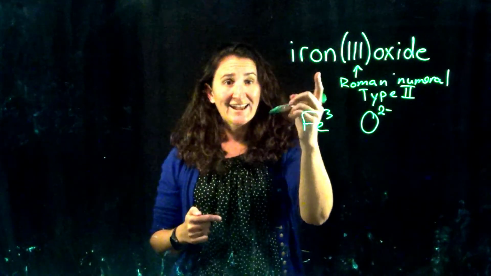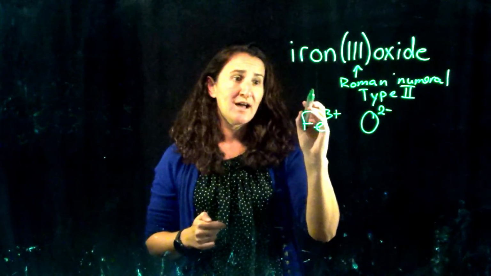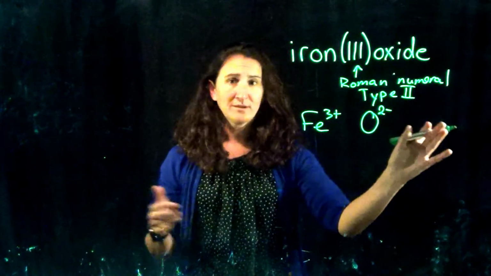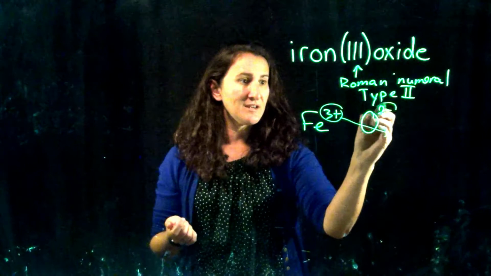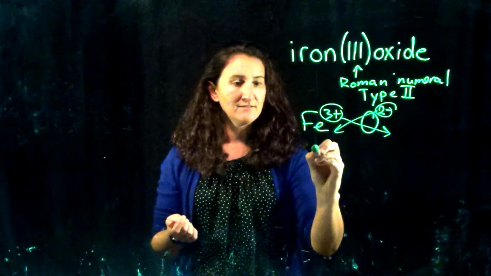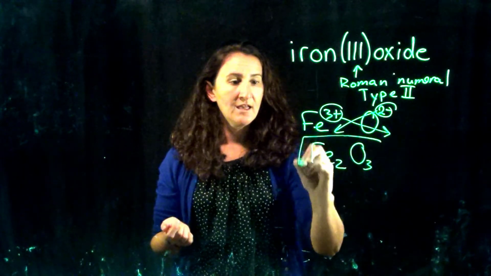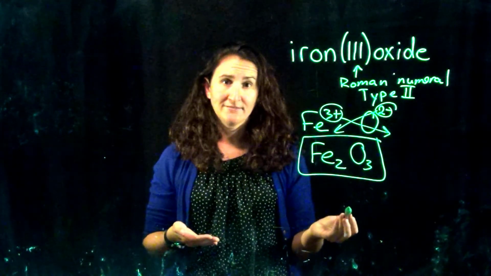If we know it's a cation, it's positive. Your cations are written first. So iron(III) oxide. Now, what do we do with this? Let's form the compound. Cross those charges. Bring this one down, and this one down, leaving us with Fe2O3. And that is the chemical formula for iron(III) oxide.